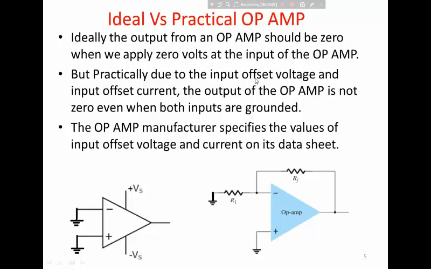So practically the offset voltages and offset currents cause an error voltage at the output, which should be 0 for the ideal case.